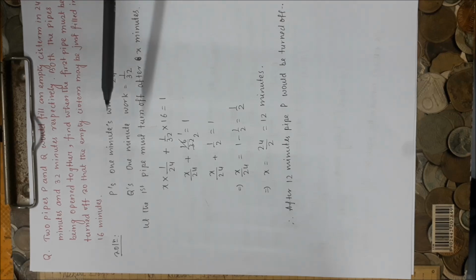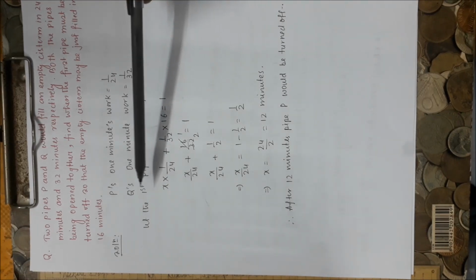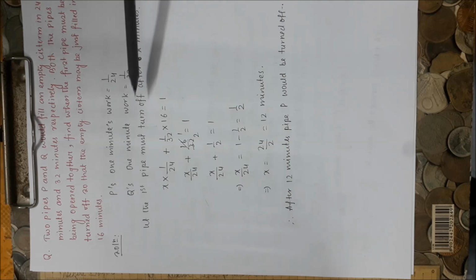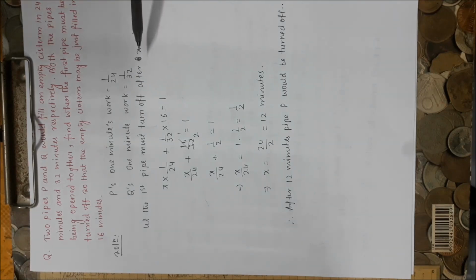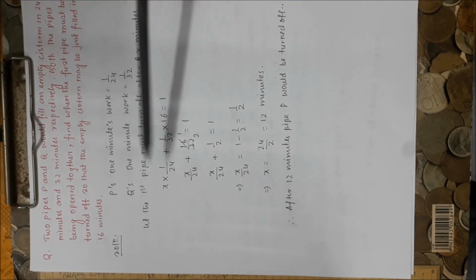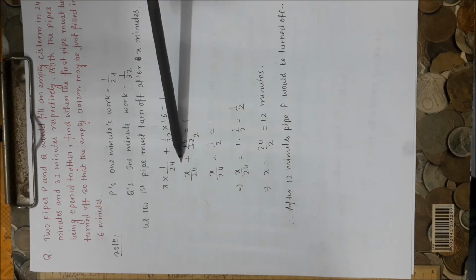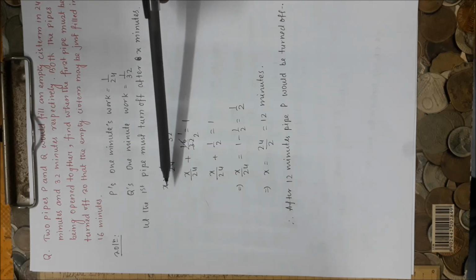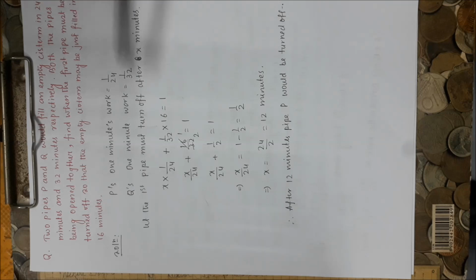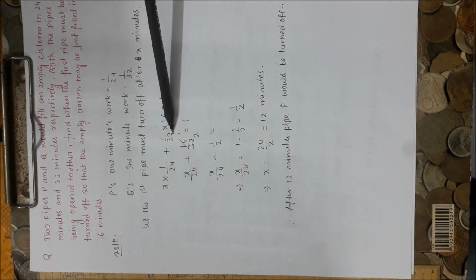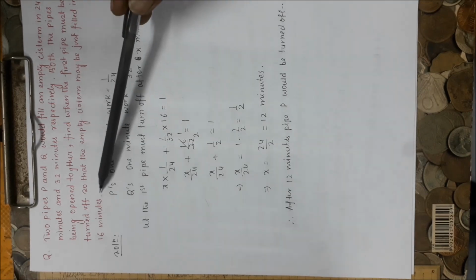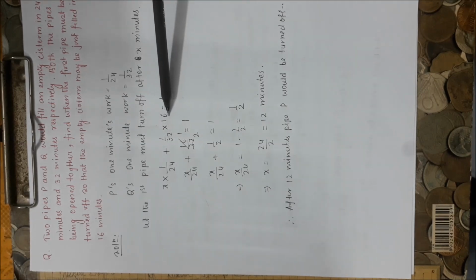We assume that the first pipe must be turned off after X minutes. That means the first pipe is turned on for X minutes. So in X minutes, it fills X into 1 by 24 part of the cistern, plus 1 minute work of Q is 1 by 32, and it continues for 16 minutes, multiplied by 16 equals 1.